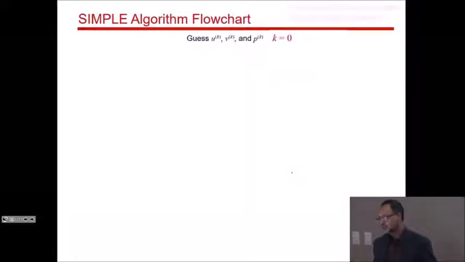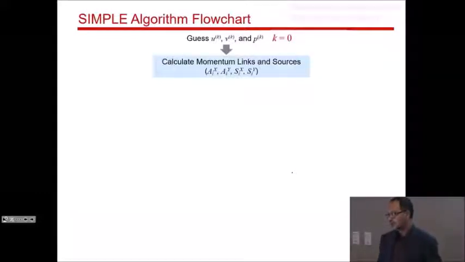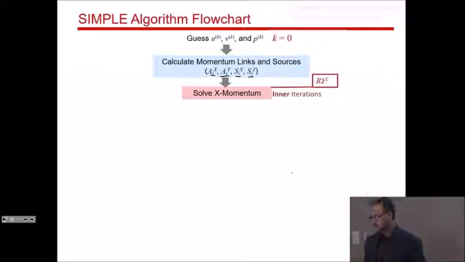So here's the final flow chart for SIMPLE. We start with a guess, k equal to 0, and calculate link coefficients and sources. Here are your momentum links and your sources; sources have pressure. You solve your x momentum.